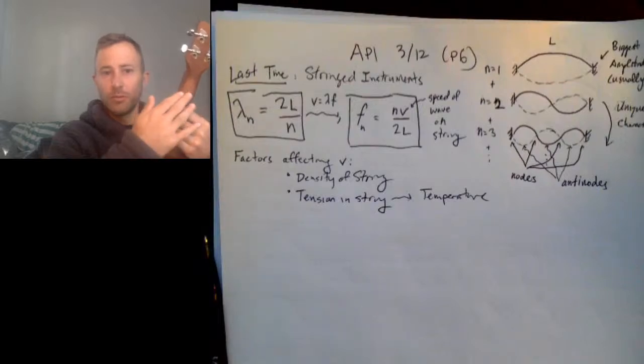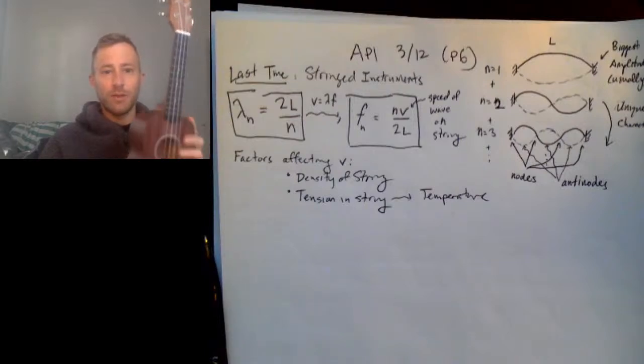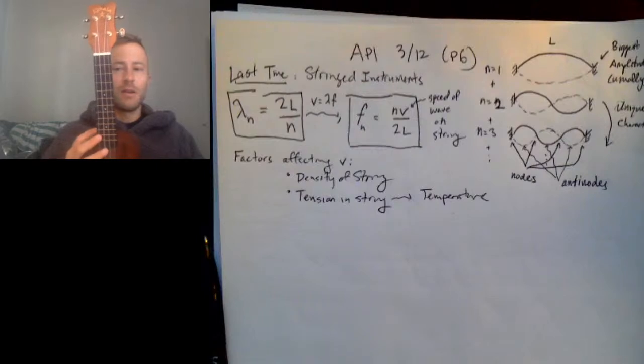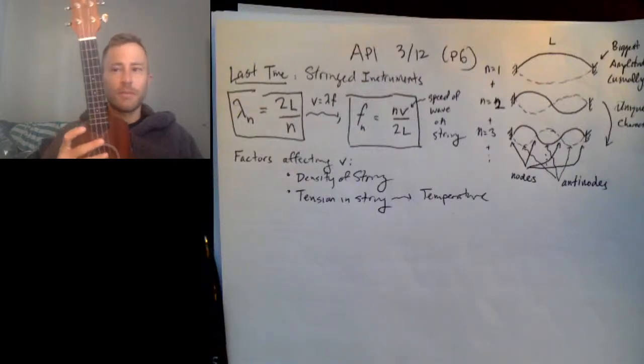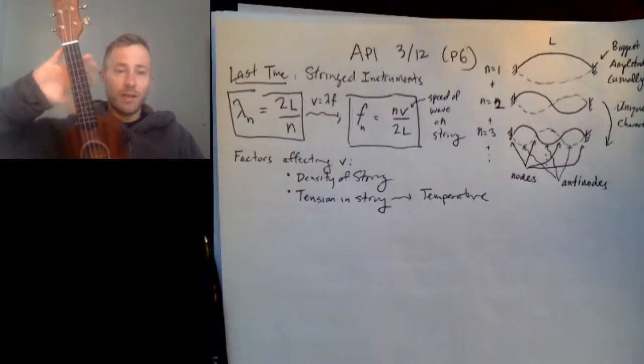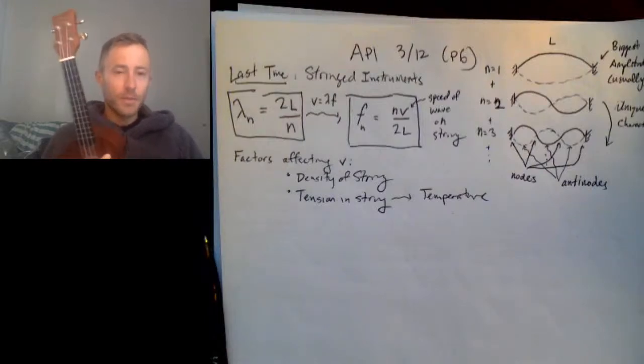And when wood absorbs moisture, it expands. So what happens is, if I take this ukulele to a really humid environment, it's going to absorb some of the moisture. The wood will expand, which will stretch the string more, and again make it go sharp.